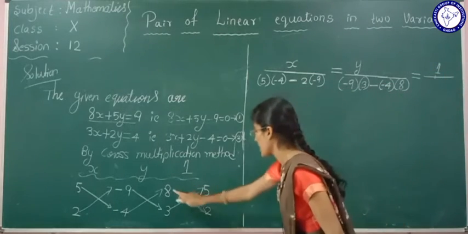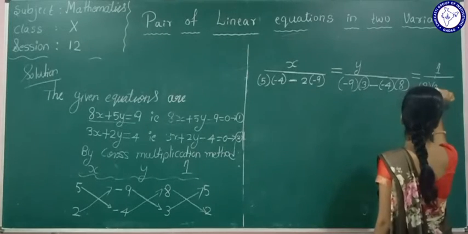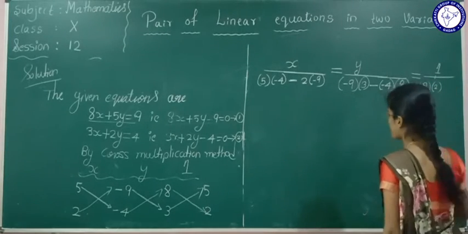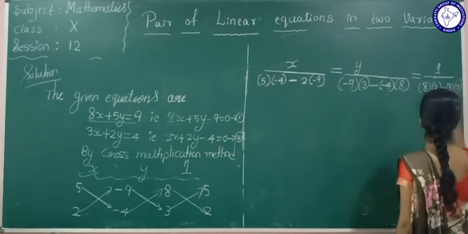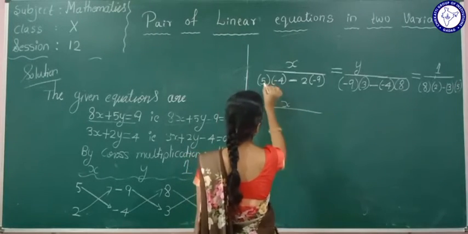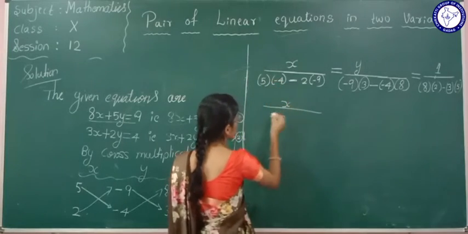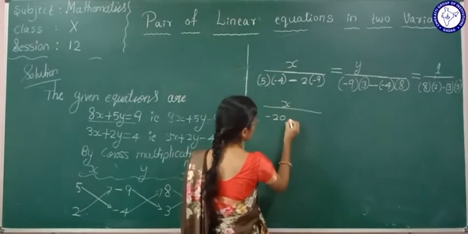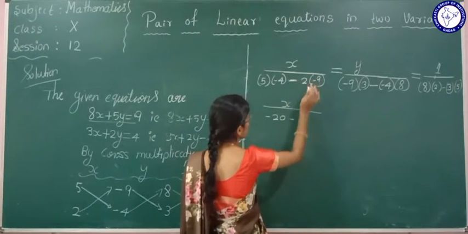Better I will write here step by step. 8 multiplied by 2 minus 3 multiplied by 5. Solve this. x, 5 4s are what, student? 20. Here the negative sign is there, so it will become minus 20. Minus, now minus minus is what?